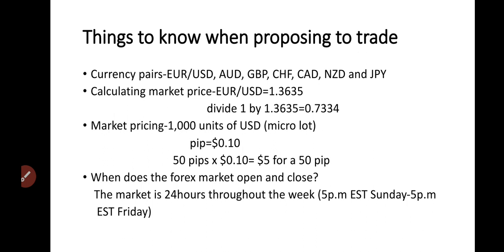And that ends the things to know when you are proposing to trade foreign exchange markets. Now, a question may arise: when does the foreign exchange market open and close? The market is open 24 hours throughout the week.